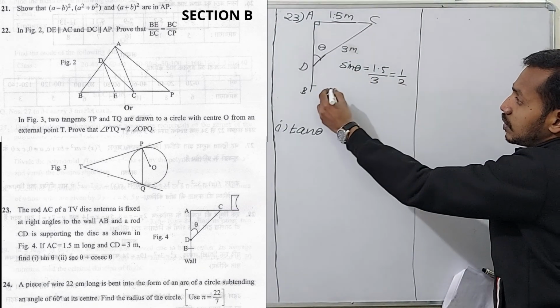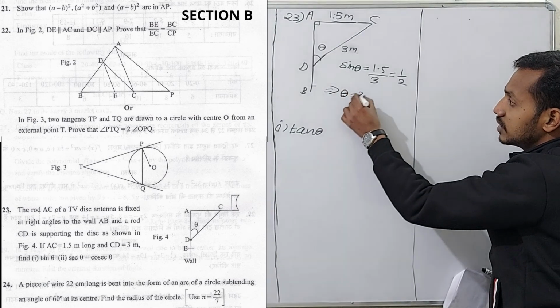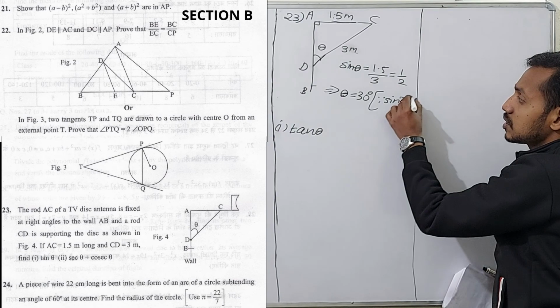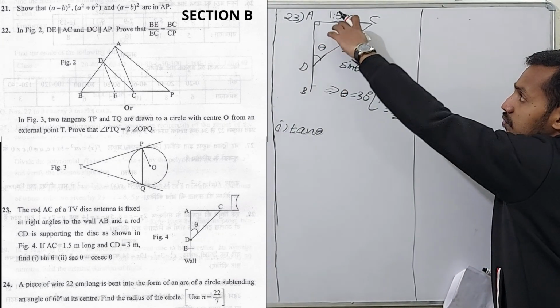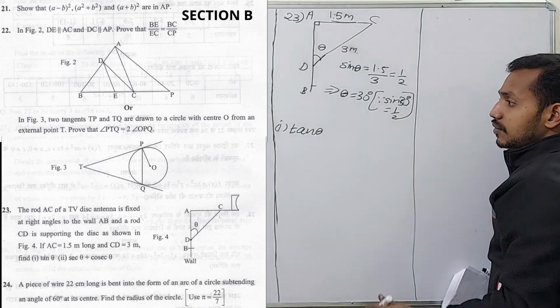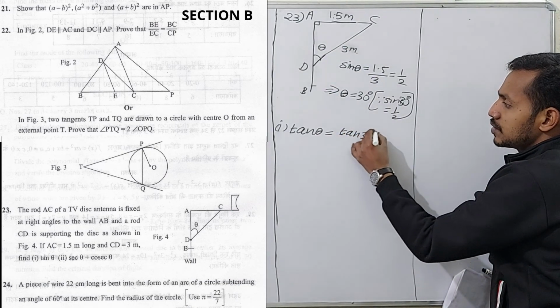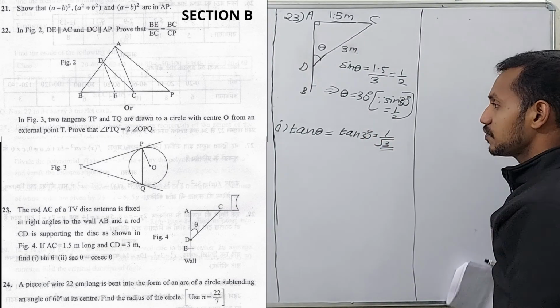What is the meaning of that? That implies theta is equal to 30, since sin 30 is equal to 1 by 2. So theta is equal to 30 degrees. Therefore tan theta is equal to tan 30, which is equal to 1 by root 3. We already know the value of tan 30.